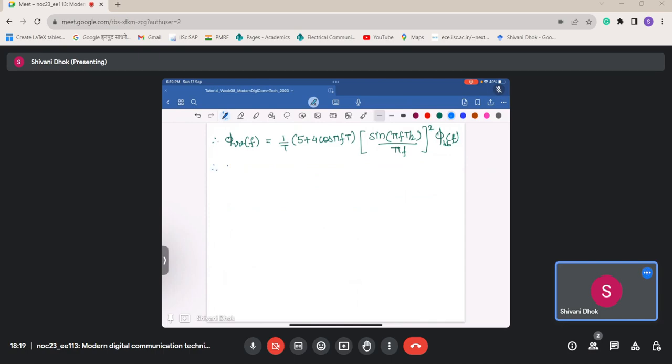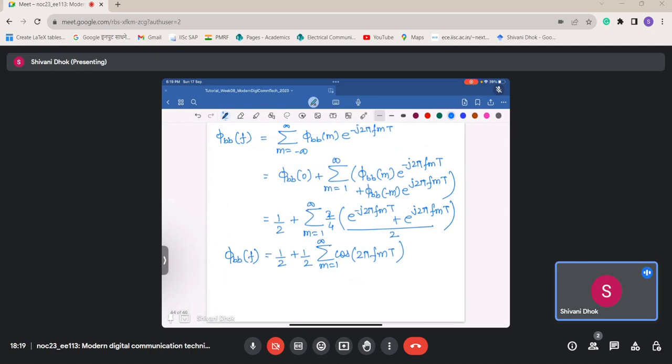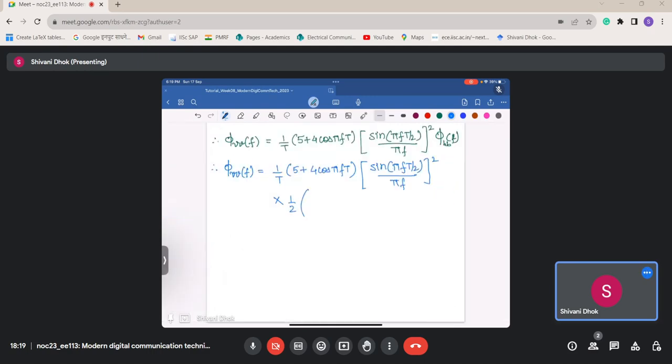So therefore this phi BB of f comes out to be 1 by t into 5 plus 4 cos pi ft multiplied by sine pi f capital T by 2 upon pi f whole square multiplied by this phi BB of f, which comes out to be 1 by 2 into 1 plus summation M equal to 1 to infinity cos of 2 pi fm.